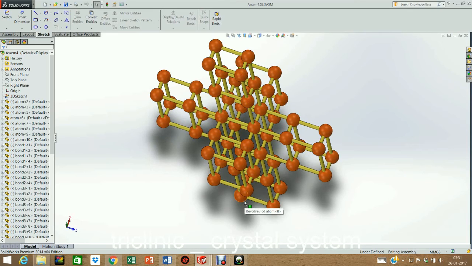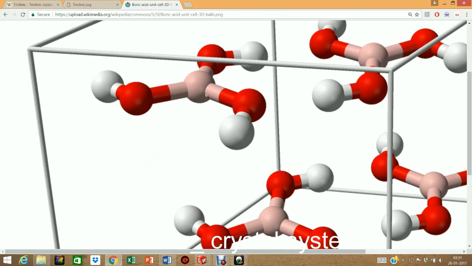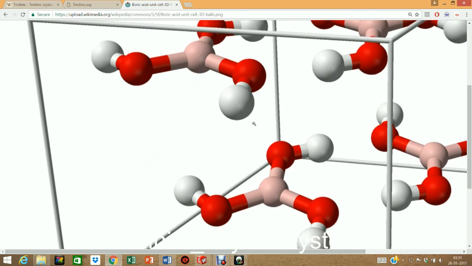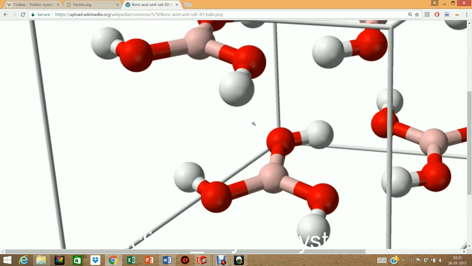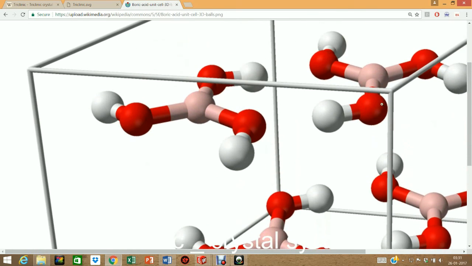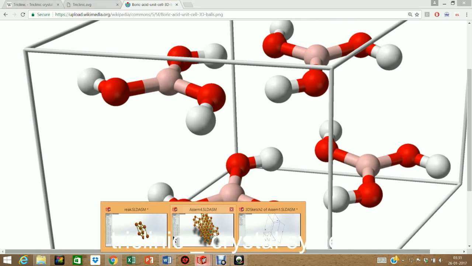The boric acid structure somewhat looks this way. It looks complex, but when you join them with imaginary lines, you will get a triclinic structure. This is how a triclinic lattice looks. Thank you.